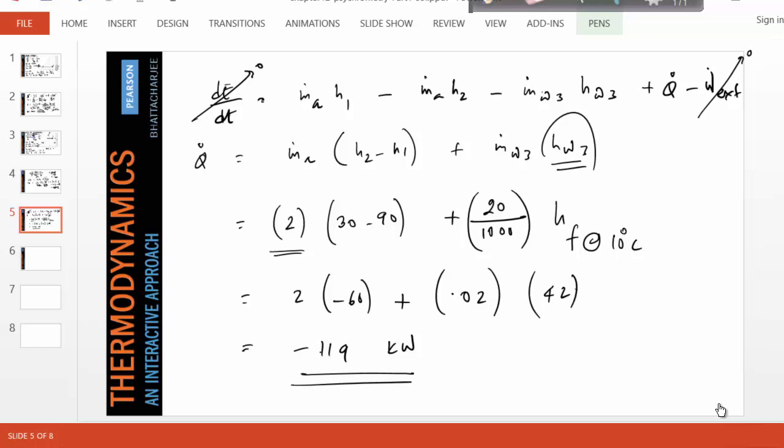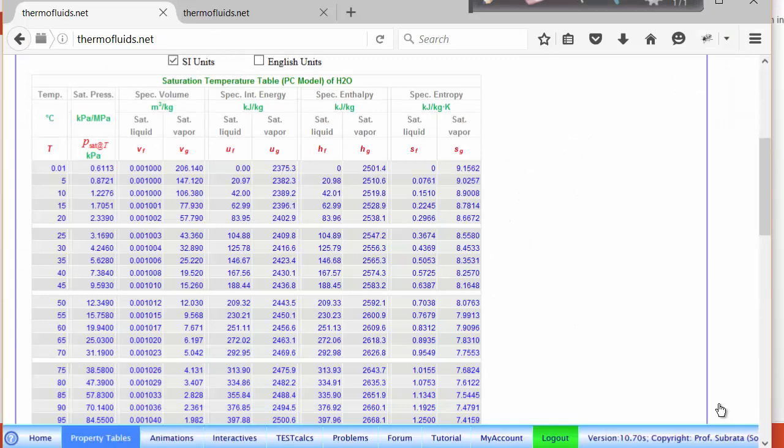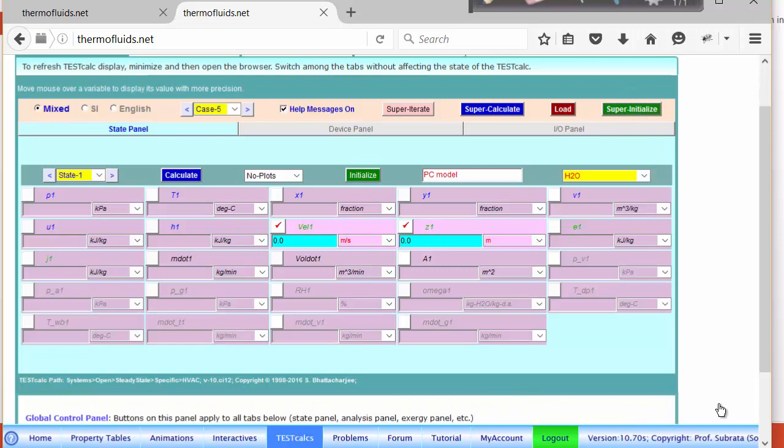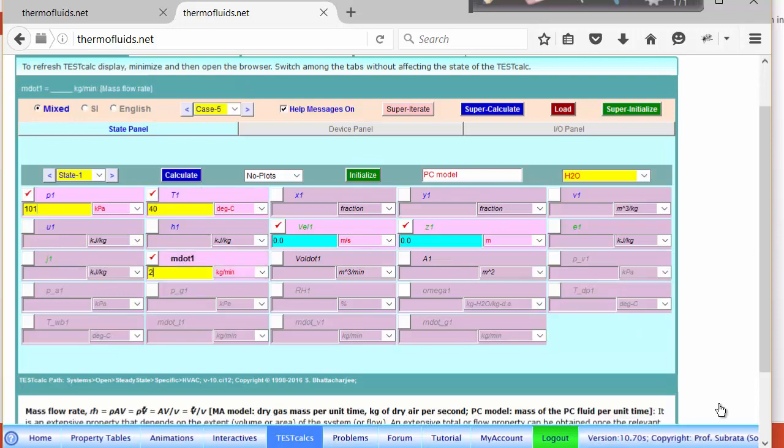So let's go verify this first. For that, let's initialize this. We already have the TESTcalc open. Let's quickly find state 1. 101 kPa is the total pressure always, 40 degrees, and mass flow rate was 2 kg per second.